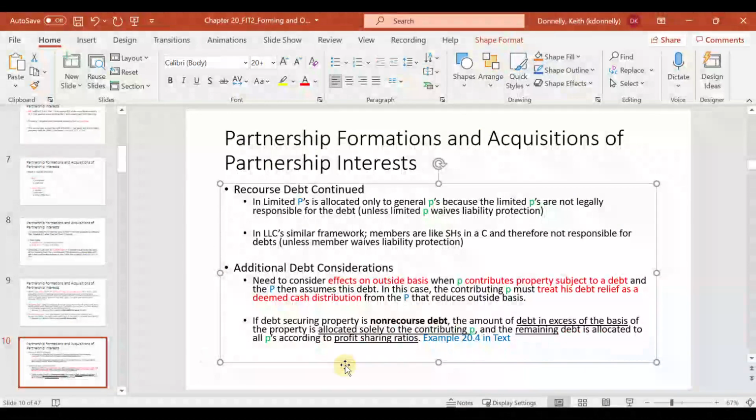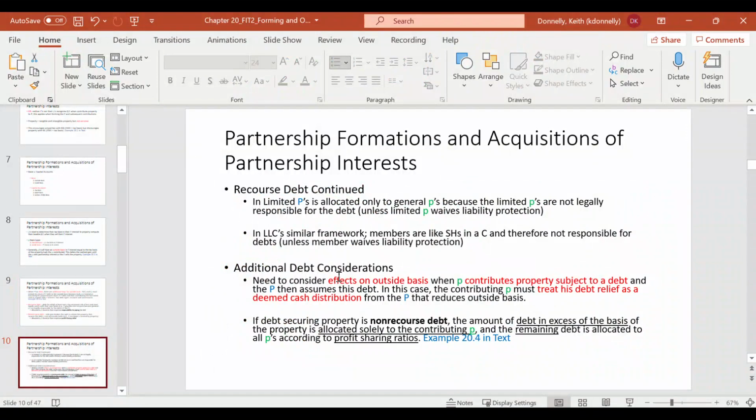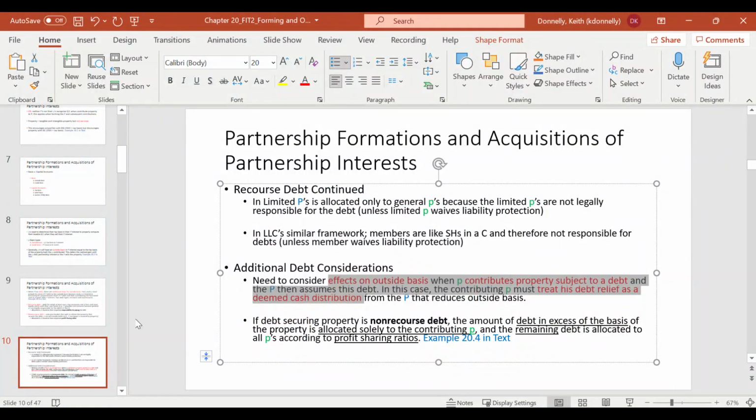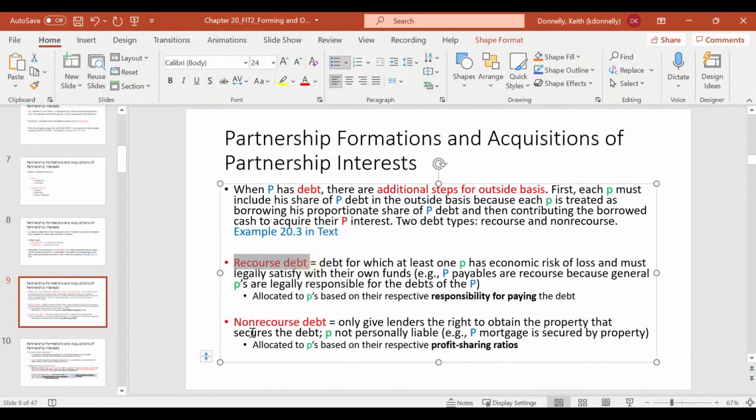So that was kind of a mouthful there. But essentially, we were talking about debt. We said there's two categories here. One is debt that the partnership itself has and how that affects basis. The second type is when a partner contributes property that's subject to a debt. And then we said anytime there is debt, we need to make sure we are aware of recourse versus non-recourse.